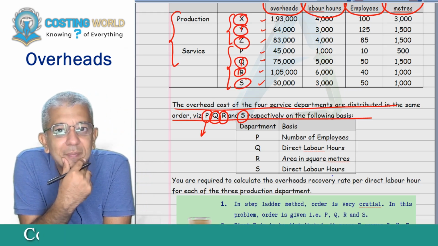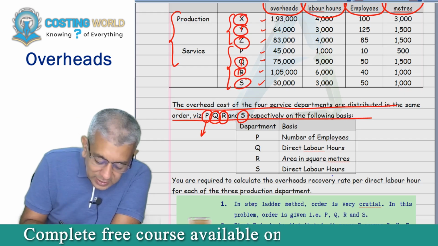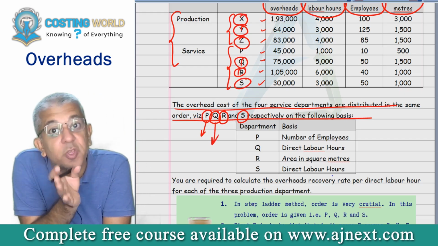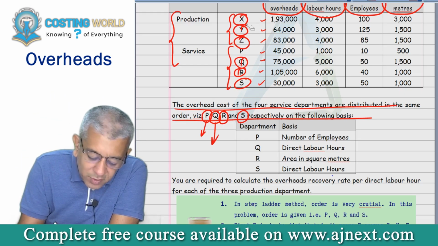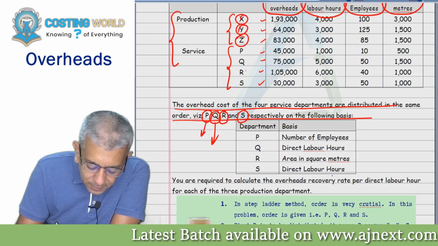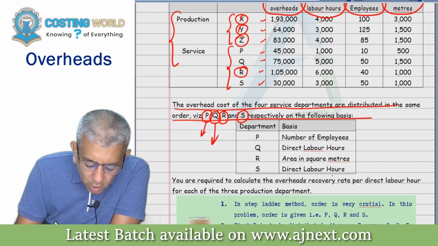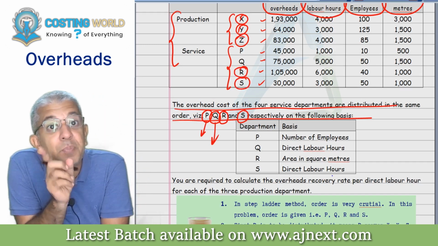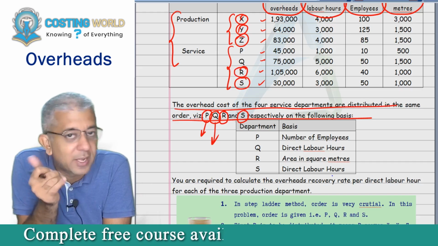Is that all okay? Yes, sir. Next, if we are going to be dividing cost of Q next, you tell me that Q will be serving what? X, Y, Z, P, R, S. Obviously, R and S. Don't say P, Q, R, S. Obviously, a department cannot serve itself.